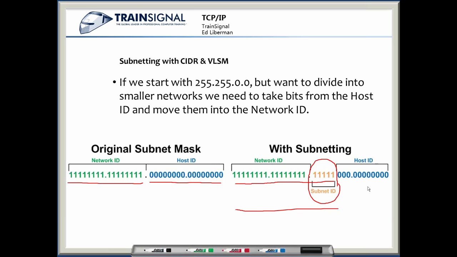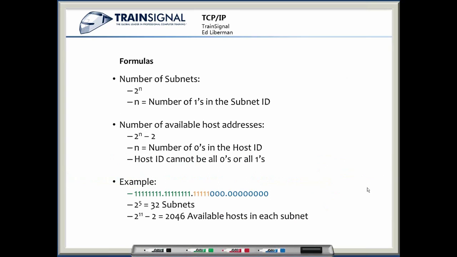So we have a few different subnets that we can create, and a variable range of the quantity of hosts that we can have in each of those networks. Now here's where we get back to regular math. There are some formulas. The number of bits that we put into the subnet ID, in this case the 5 extra bits we stole, gives the number of subnets we can create within this network: 2 to the n, 2 to the 5th, would be 32 subnets.